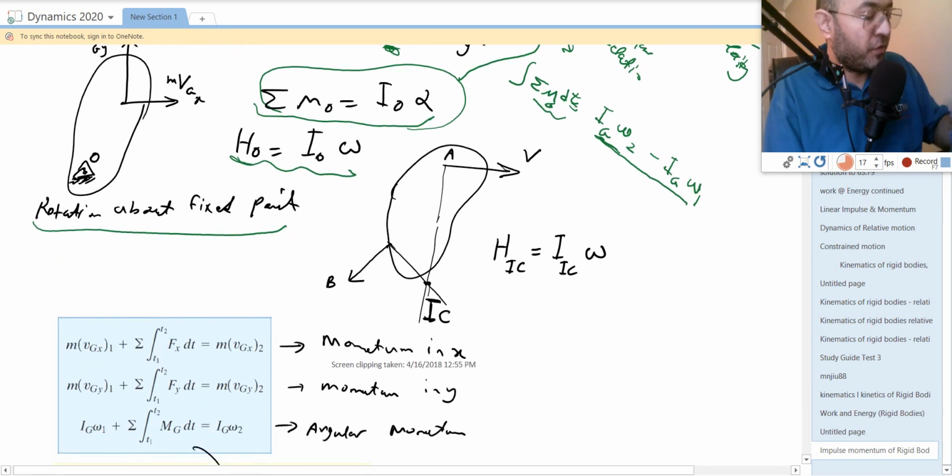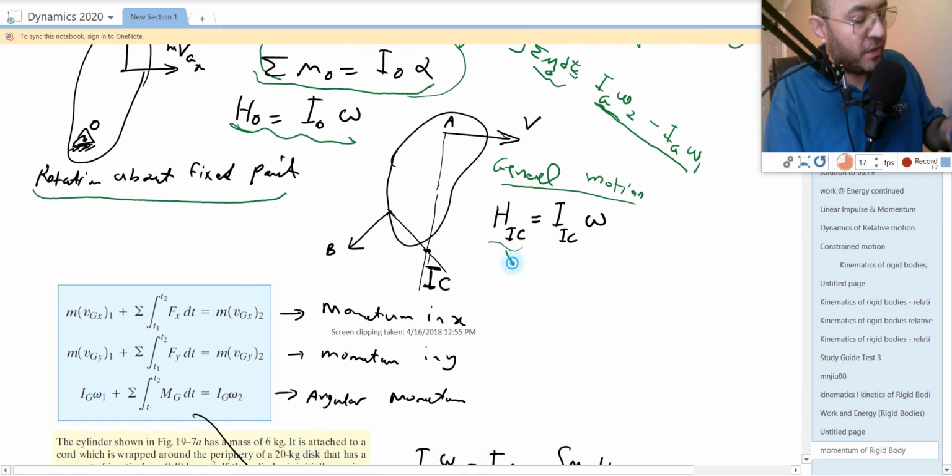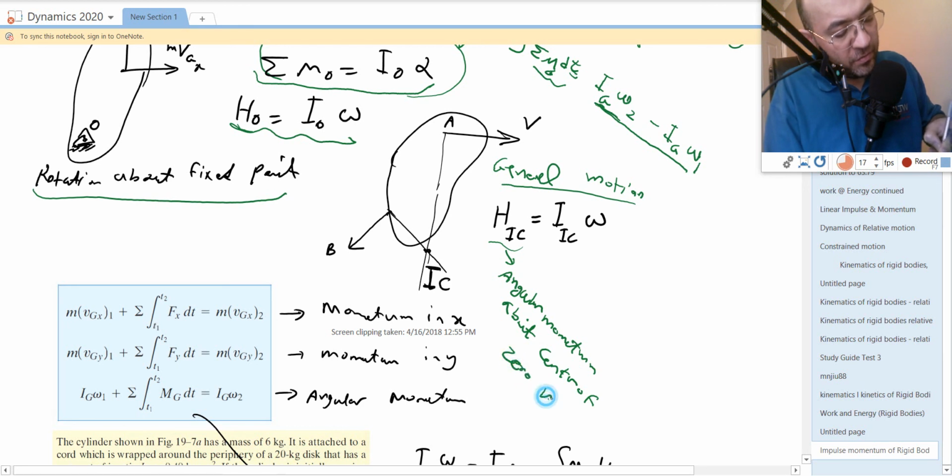And in the case of general motion, we have H IC is equal to I IC omega. So H IC is the angular momentum about the IC, the instantaneous center, the center of zero velocity.